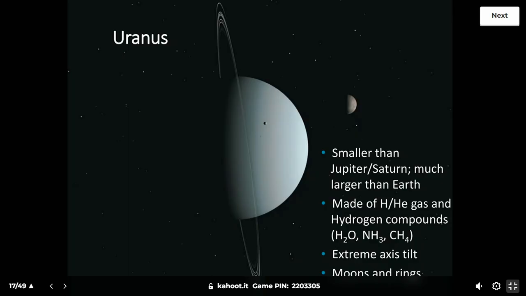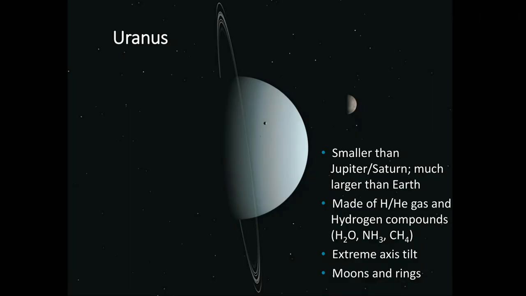The next planet out from Saturn is Uranus. It's smaller than Jupiter and Saturn, but it's still much bigger than the Earth. And it also has hydrogen and helium gas, but it also now has some hydrogen compounds, so water, ammonia, and methane.